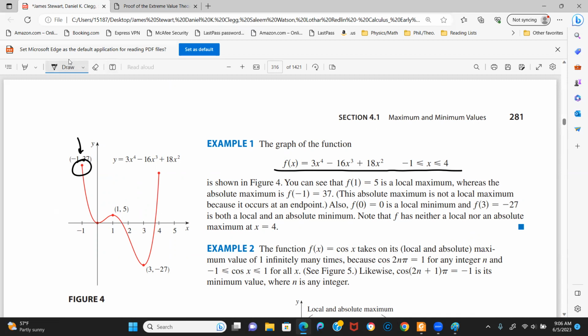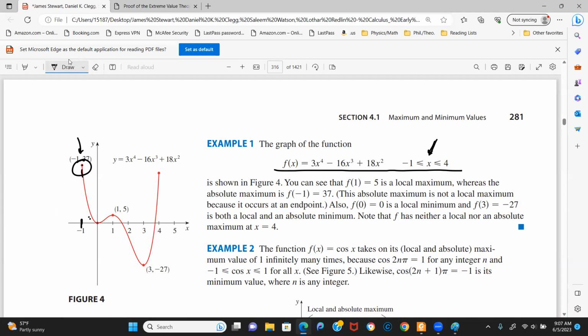It's not a local max though, because this point, if you trace it down here, let's say it's at -1. Any open interval containing -1 is going to be outside the domain, right? Because the domain stops at -1.